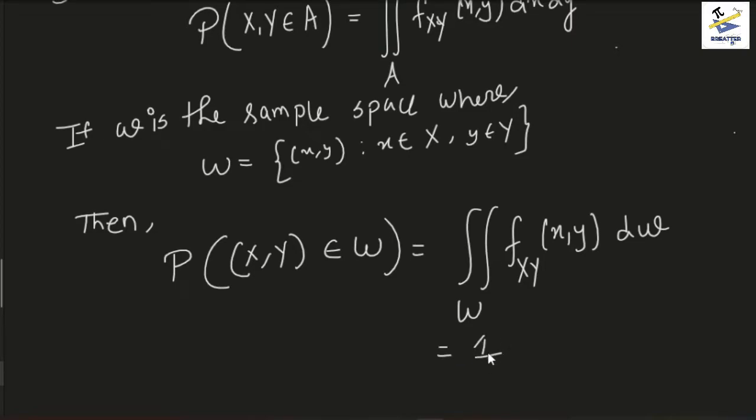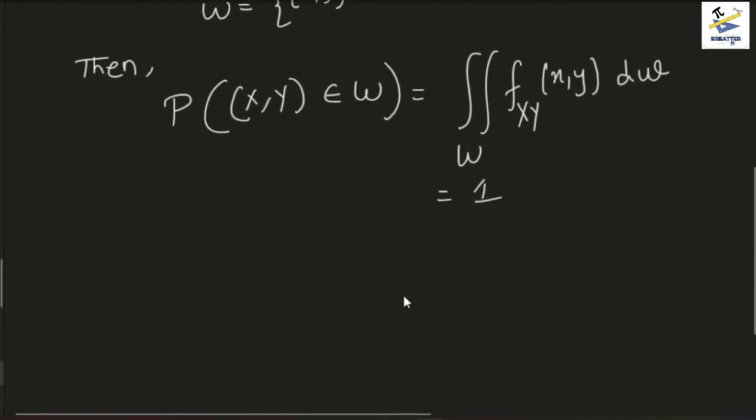So this is because the total probability is 1. So this is how we are basically trying to shape things. Now this kind of problems might be tricky at first sight, so that is why we would be doing a few examples to make sure that we understand all the problems and all the key features of joint distributions.